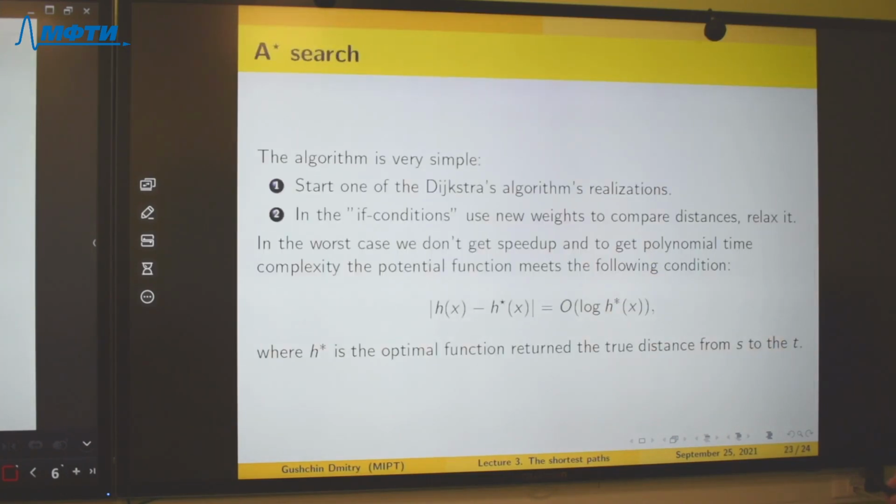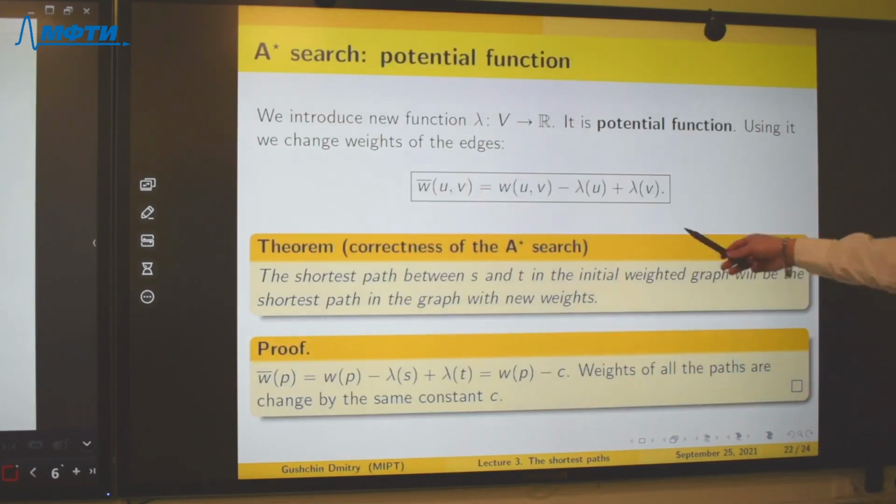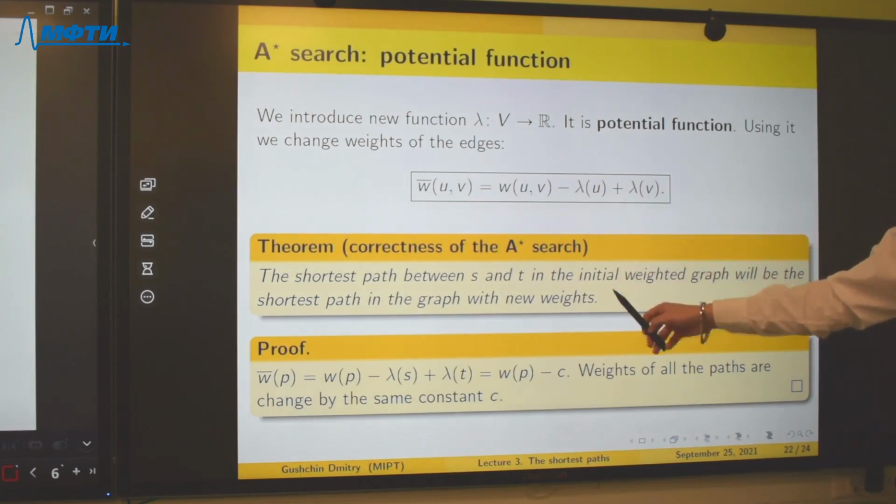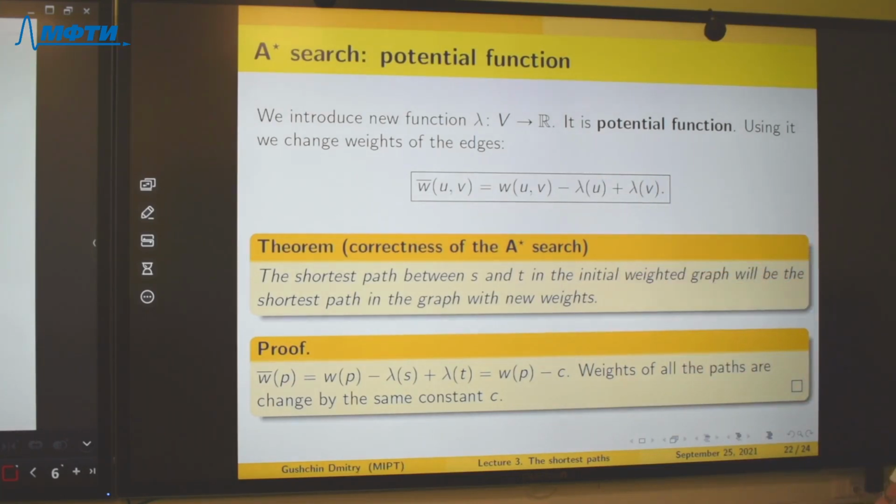Of course, in the worst case, we don't get a speedup. Interestingly, it works only if we have a good potential function. If we get a bad potential function, we can not improve but worsen our algorithm, and it can work not quicker than Dijkstra algorithm.